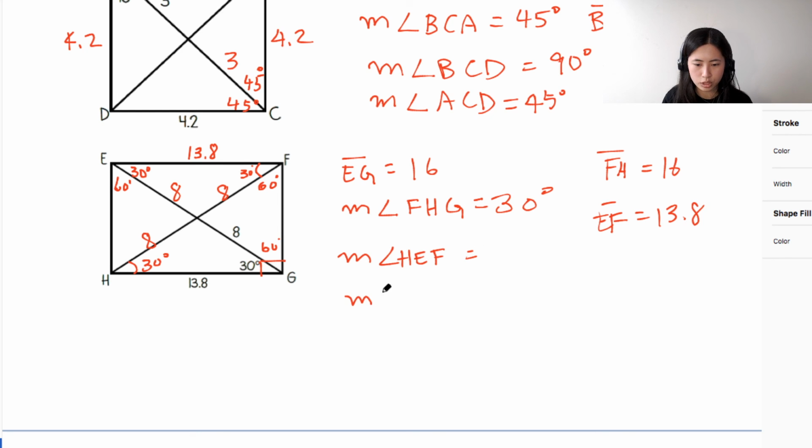And lastly, the measurement of angle HFE. Okay, HEF is 90 degrees. HFE is going to be 30 degrees. Okay, great. So that's how we're going to solve for this question.